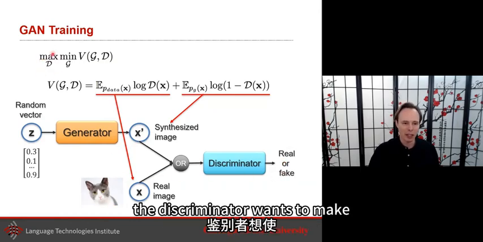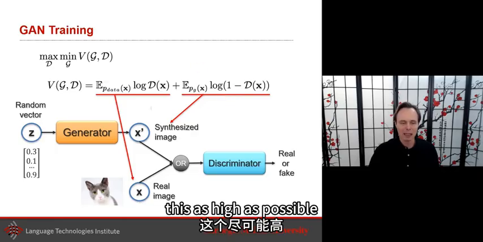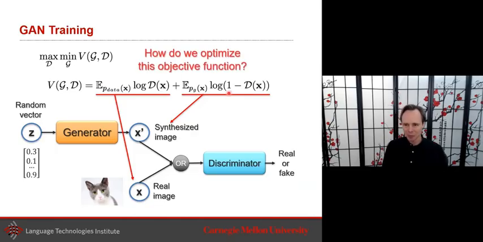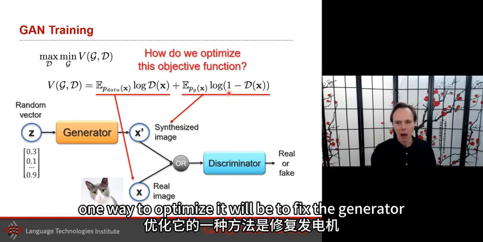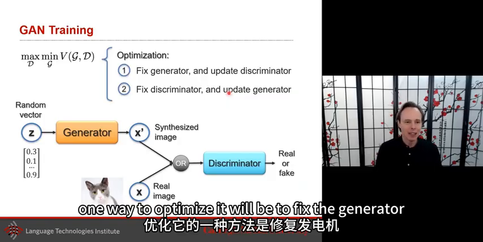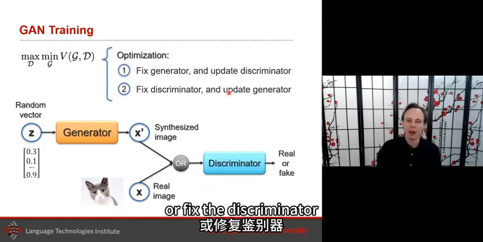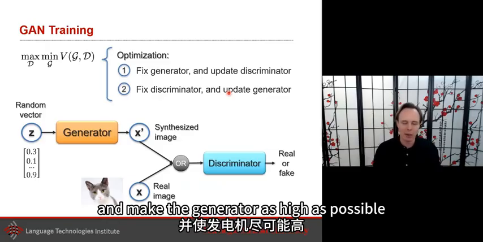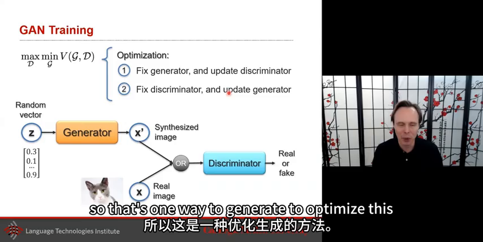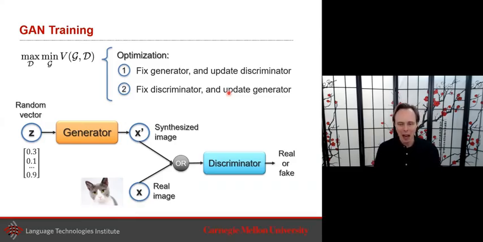The discriminator wants to make this as high as possible. And so one way to optimize it will be to fix the generator and make the discriminator as high as possible, or fix the discriminator and make the generator as high as possible. So that's one way to optimize this.